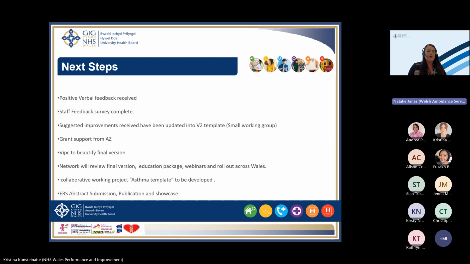Okay, so as I said, we're in a position now where we have had both patient feedback and verbal feedback, and we also sent out a staff feedback questionnaire to all staff who've been involved in the template.